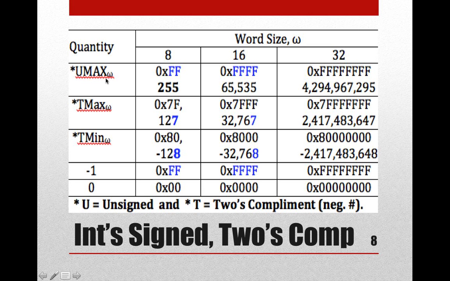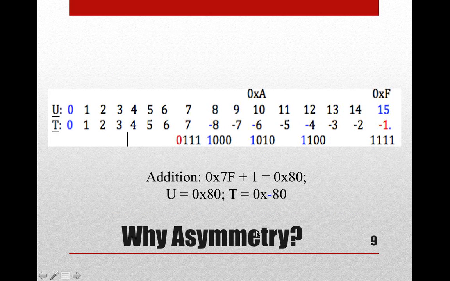The other thing to note here is when you go to unsigned, the FFFF is the largest integer, and it's also -1. This is asking why there is an asymmetry.